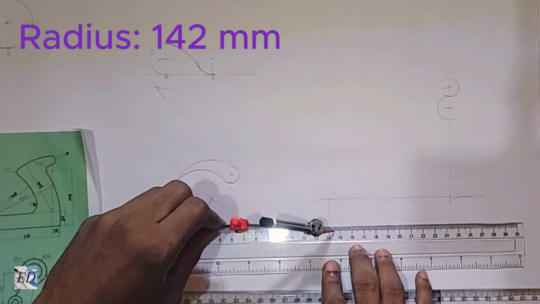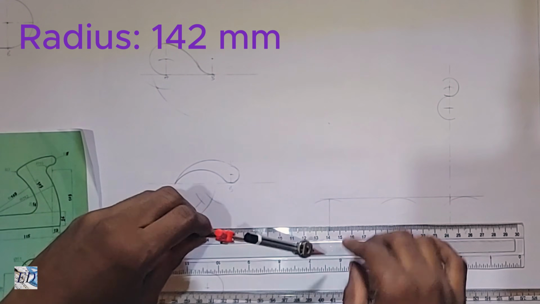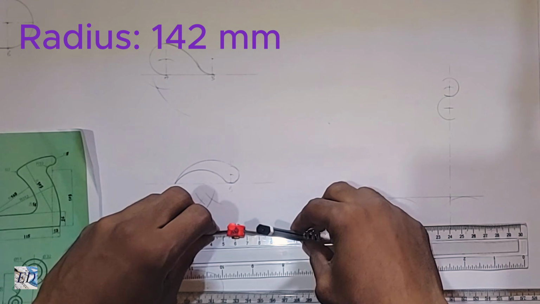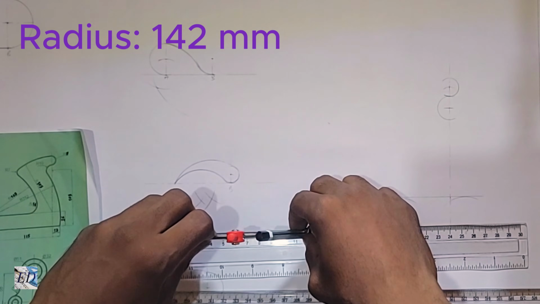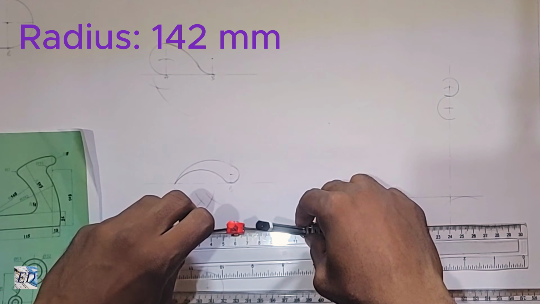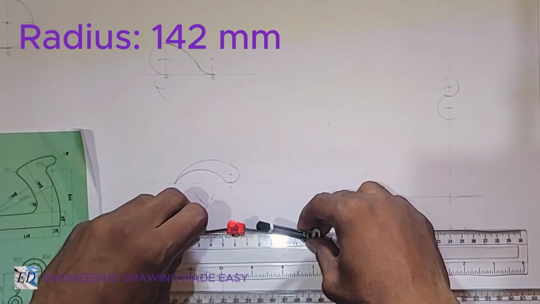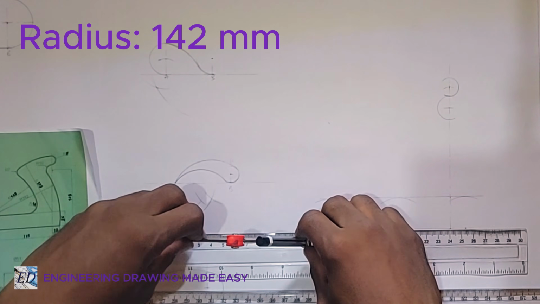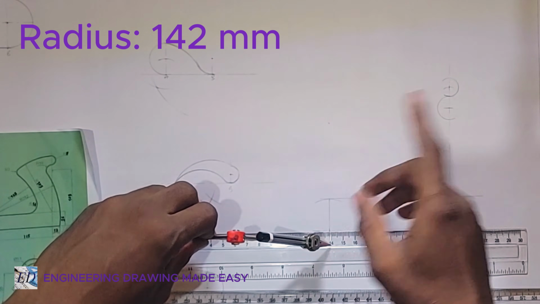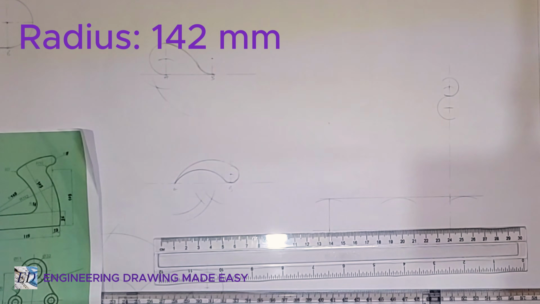Now, I'm facing a challenge here, where the issue is that my compass cannot open up beyond 140 millimeters, and I need to open up to 142, and sometimes I'll probably even have to go beyond. That happens sometimes, and I would suggest if you're facing that issue, you find another compass that can go beyond that.